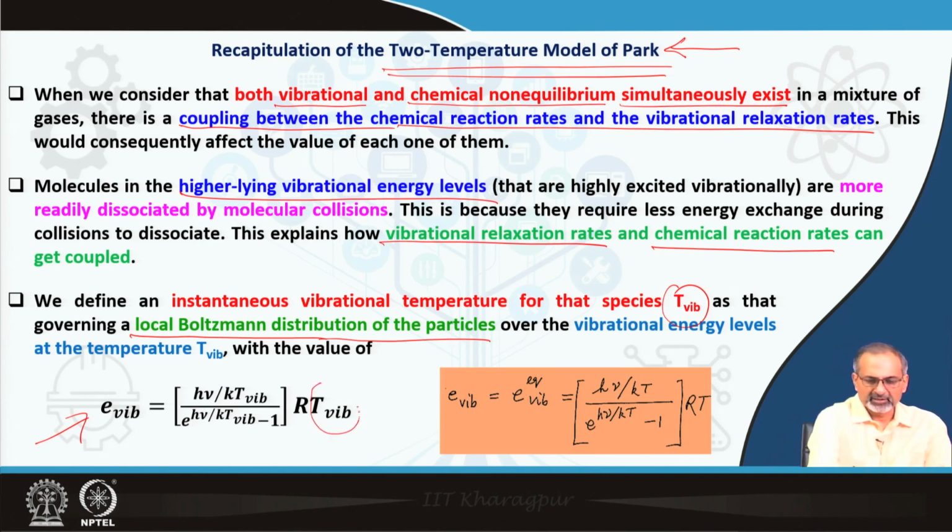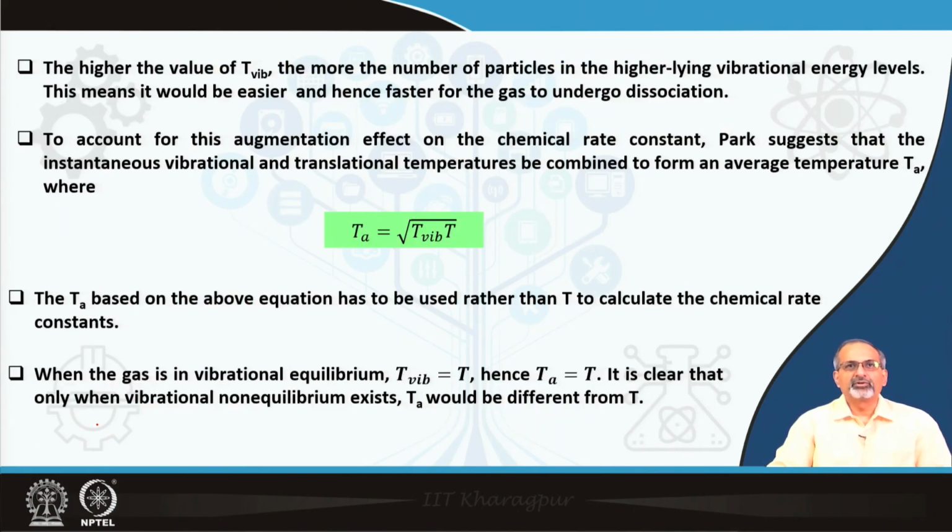So, the T vibe must be satisfying this equation, where the instantaneous non-equilibrium value of E vibe is plugged in, and based on that we proceed and we find that the higher the value of T vibe, the more the number of particles in the higher lying vibrational energy levels, and this essentially means that it would be easier and faster for the gas to undergo dissociation.